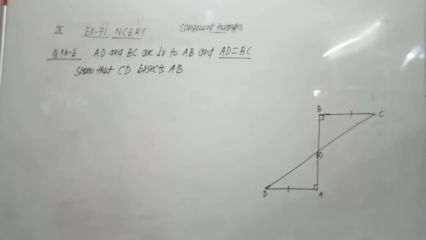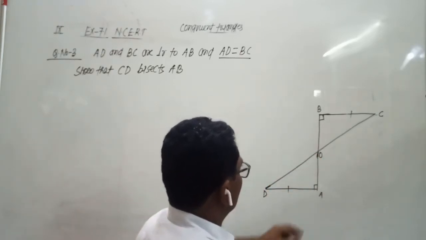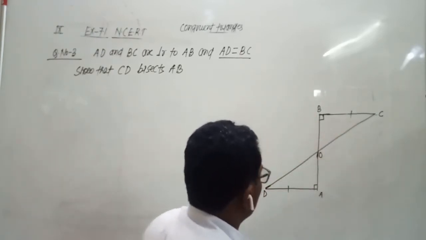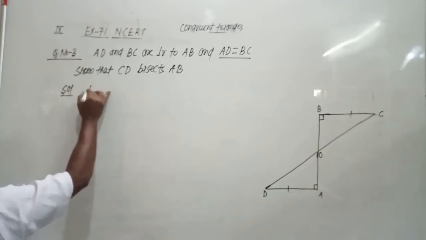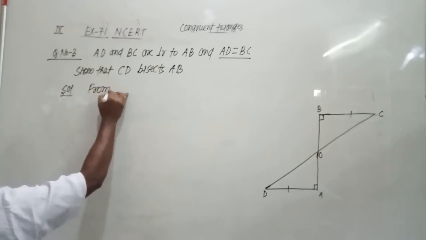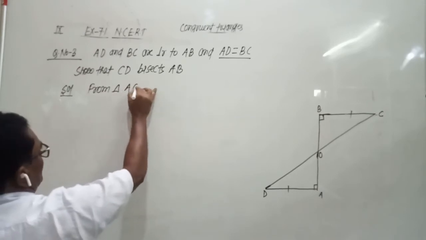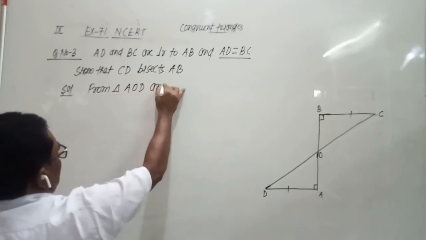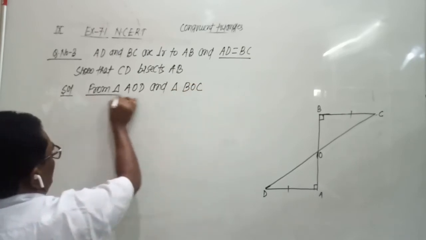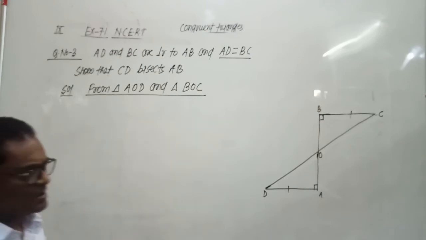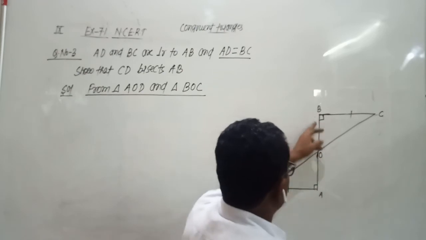So we take two triangles: triangle AOD and triangle BOC.